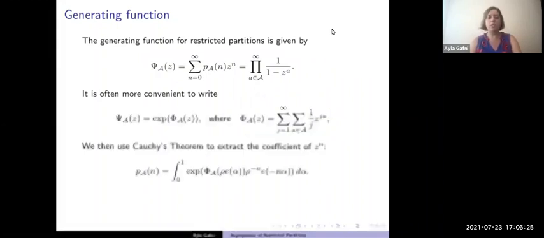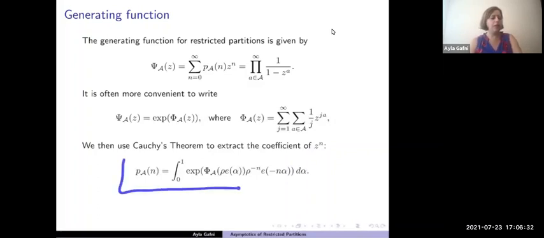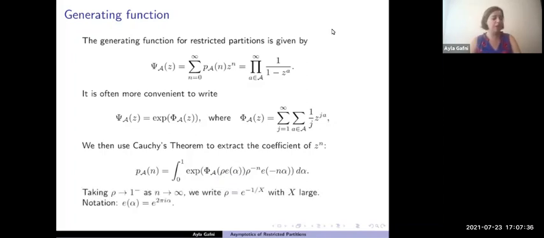And then we can use Cauchy's theorem to extract our coefficient of z to the n, which is given here. So now we have the number of partitions of n with all parts in A is given by this integral. And I've written it in polar coordinates. So rho is the radius and then alpha is the angle. We want our radius rho to be close to 1 as n tends to infinity.